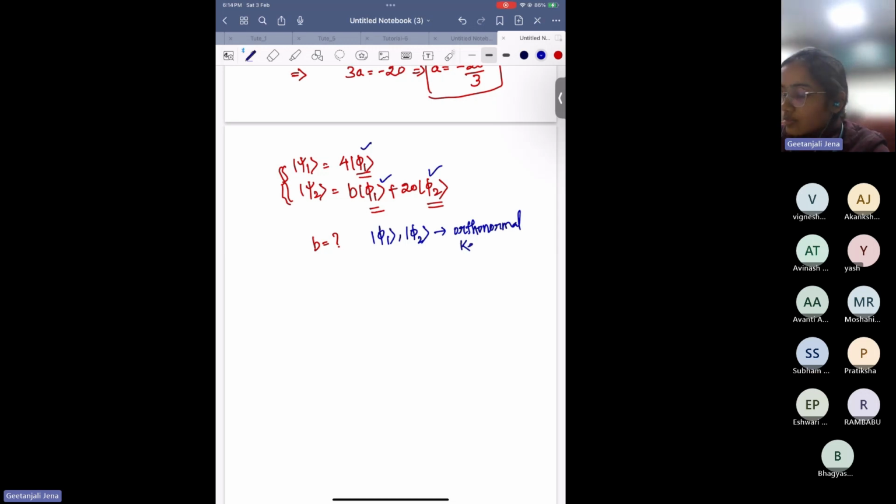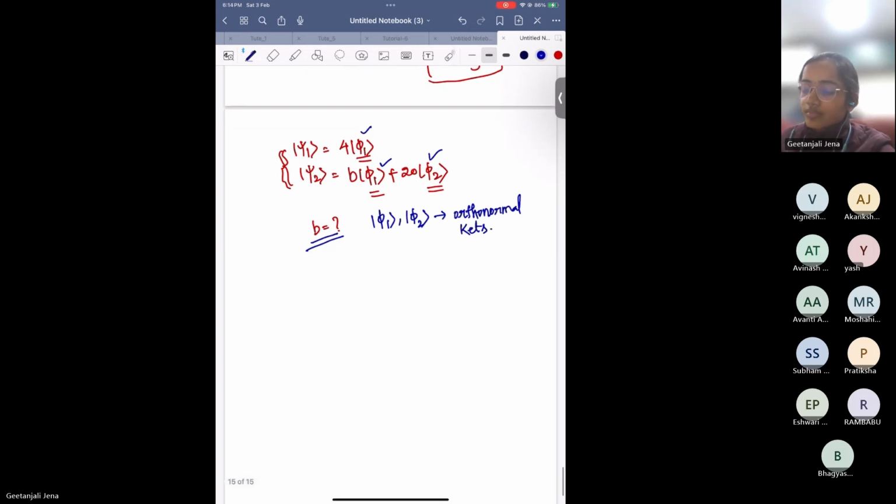Anyone wants to tell me the answer or the approach you can take to solve this question? You have to find out the value of B, given phi 1 and phi 2 are orthonormal. Anyone?